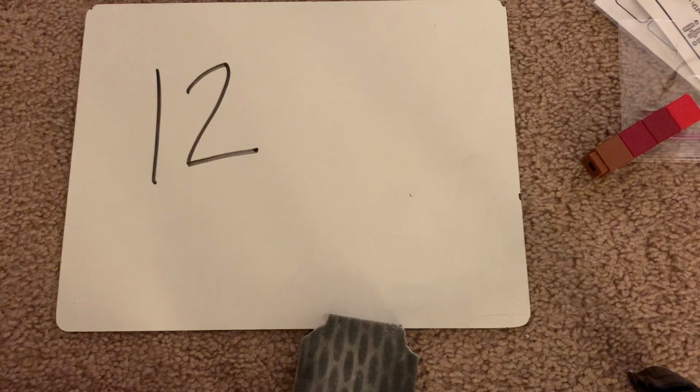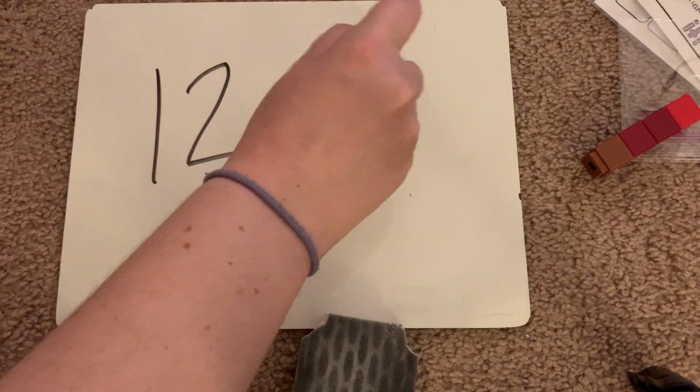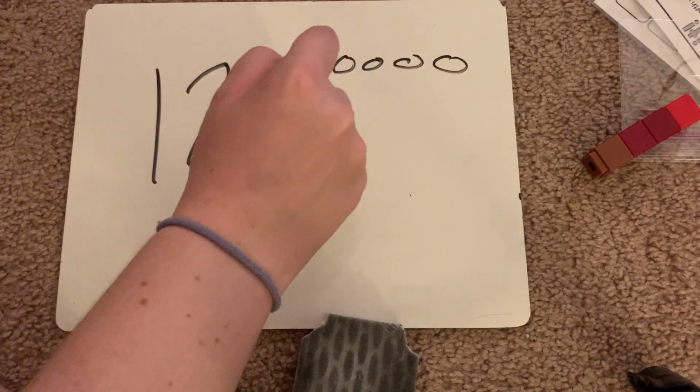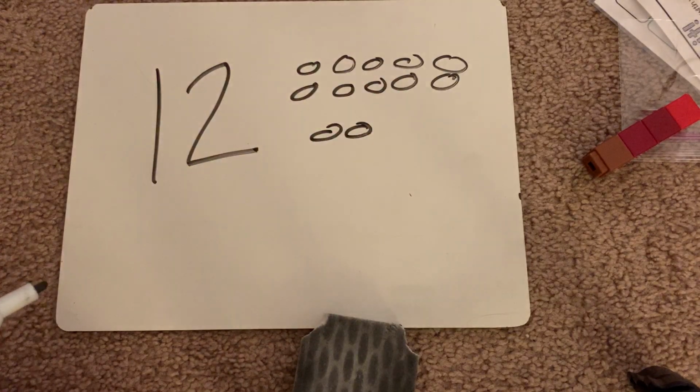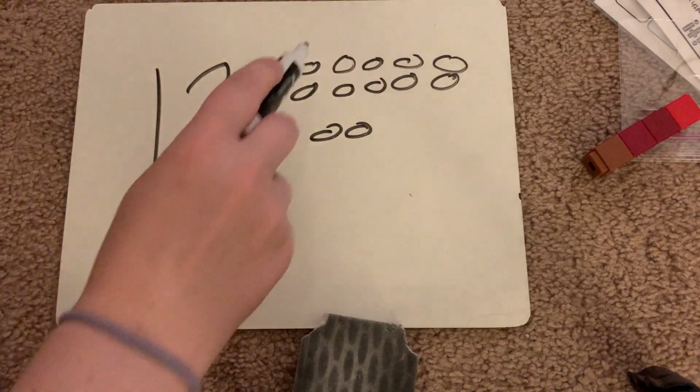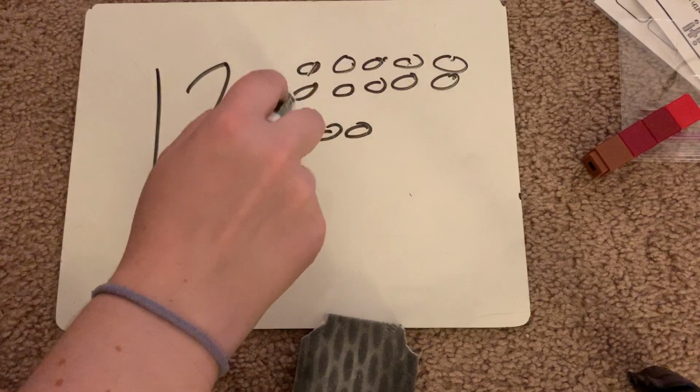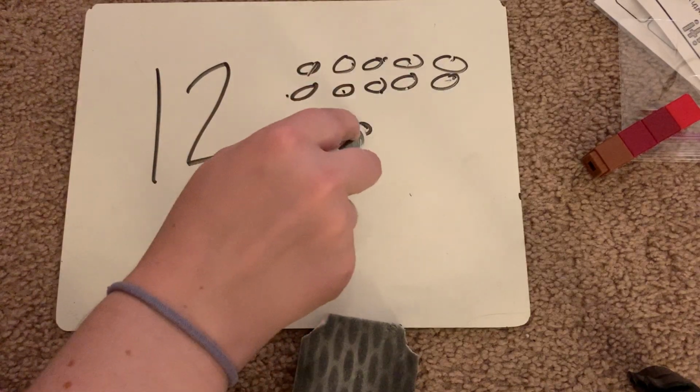That's 12. So can you draw 12 circles? So you should have 12 circles. So 1, 2, 3, 4, 5, 6, 7, 8, 9, 10, 11, 12.